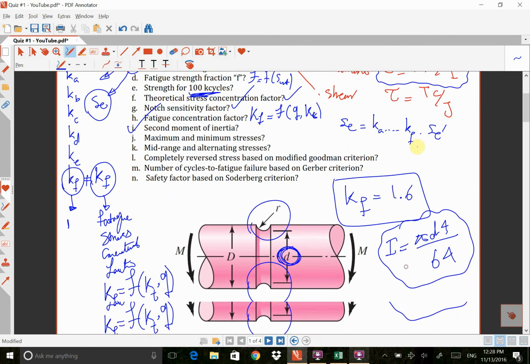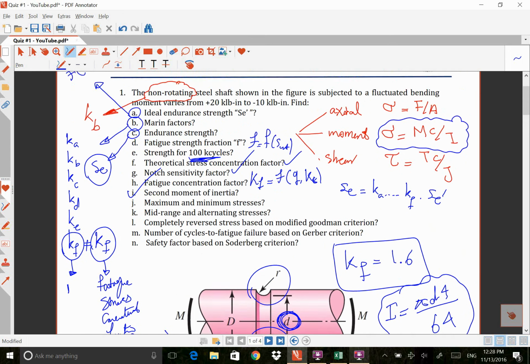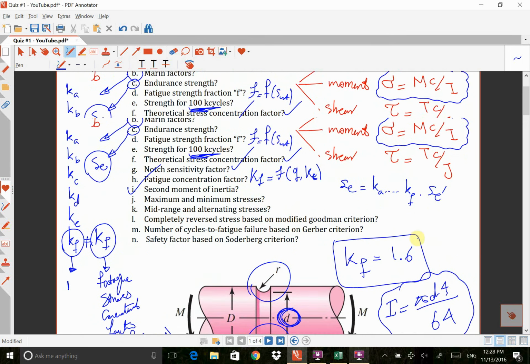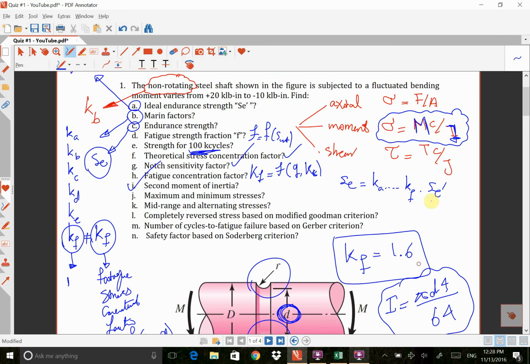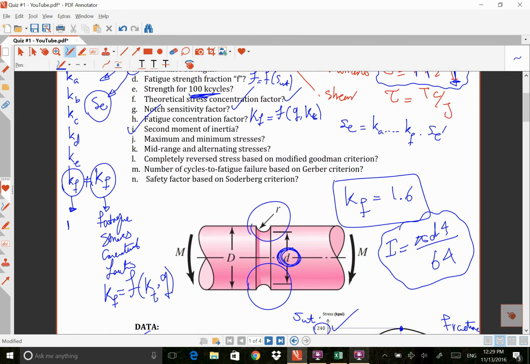Maximum and minimum stresses. Okay, for finding maximum and minimum stresses, we're going to use this equation. We're going to put the maximum moment here. We're going to put the I that we just found here. And this C is the radius, from here to here.